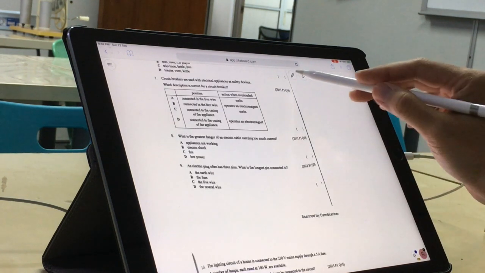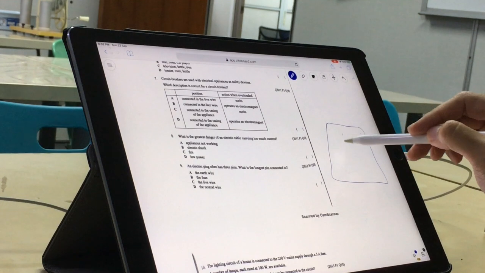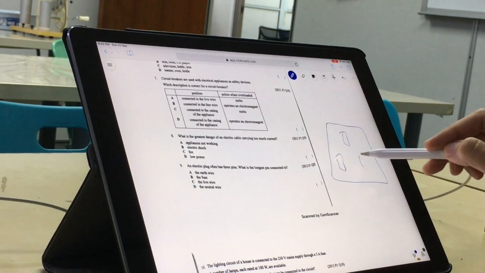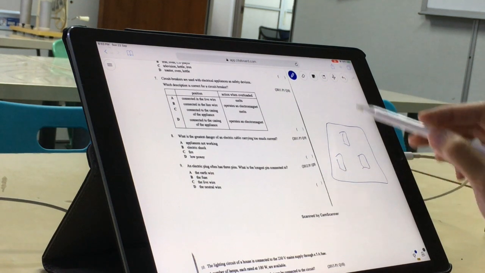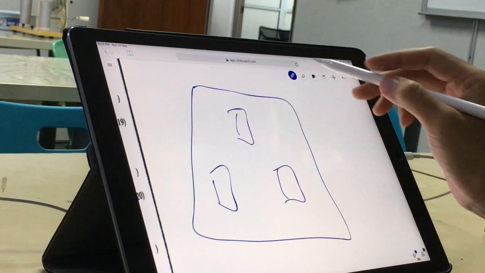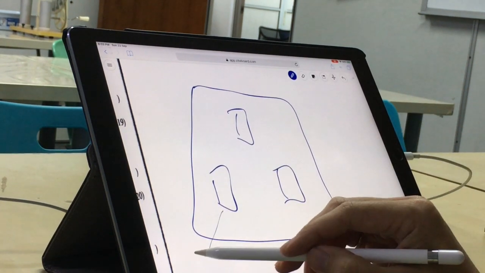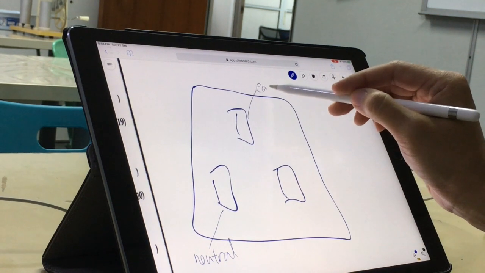Of course, the 3-pin plug. Do you know the 3-pin plug? This one is the neutral. Then this one is the earth.